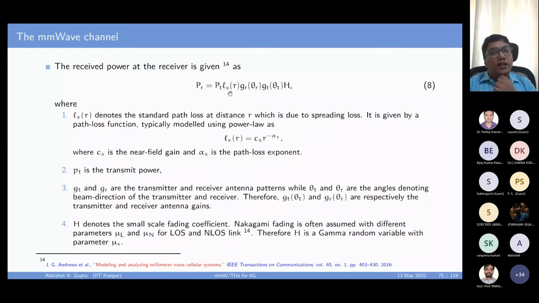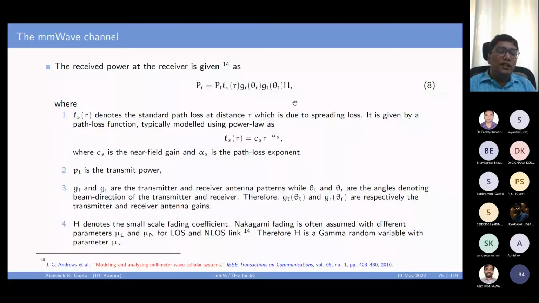Then G_R(theta_R) is the receive antenna gain in the direction theta_R, the angle of arrival at the receiver. In single path communication, you can think of this as the angle to the base station. Then G_T(theta_T) is the transmitter gain in the departure direction theta_T, and H is the small scale fading.